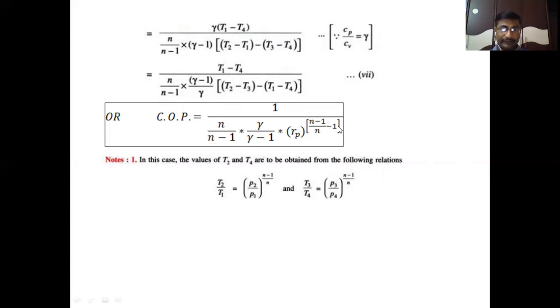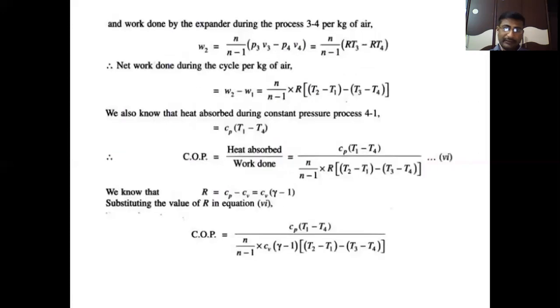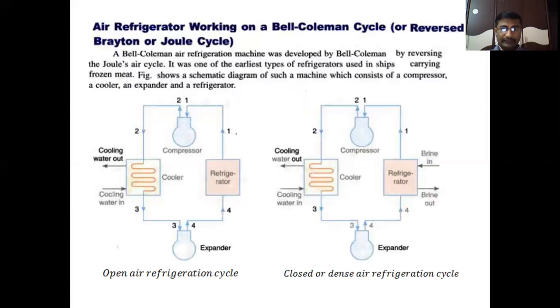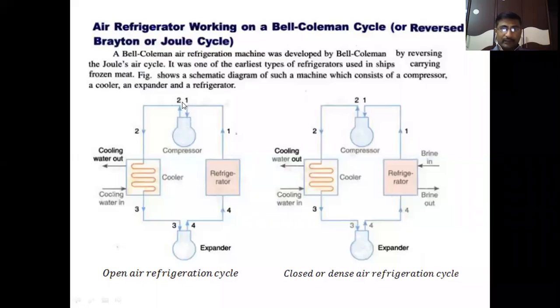Dear students, these are the two equations we detailed in this class for the air refrigerator working on the Bell-Coleman cycle. So for the Bell-Coleman cycle, how many processes? 4 processes and 4 components. Clear, students? Once again, go through this.